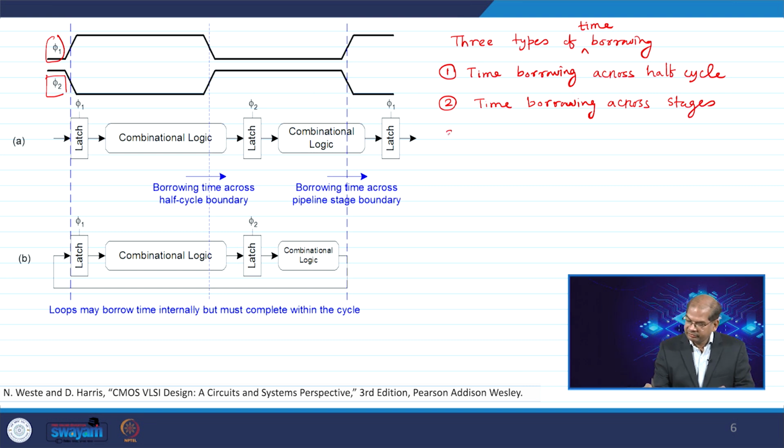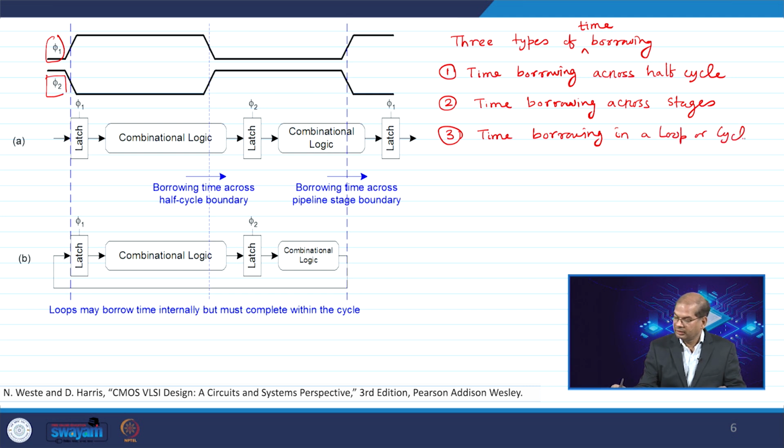Then the third category is called time borrowing in a loop or cycle.